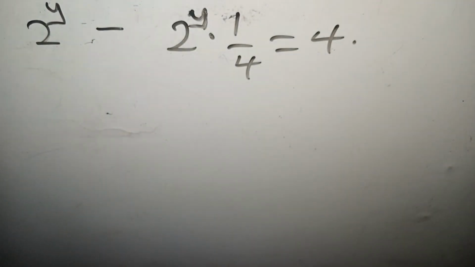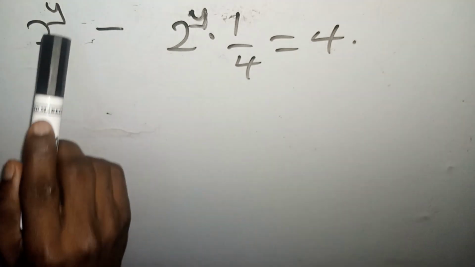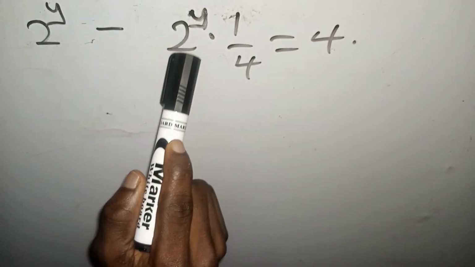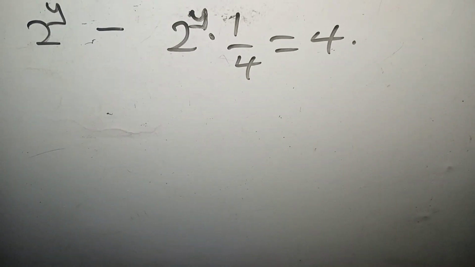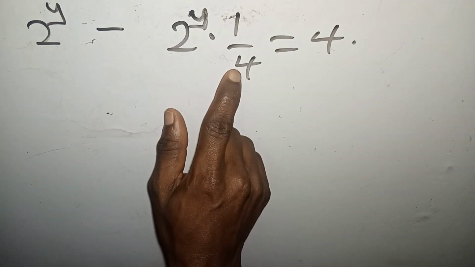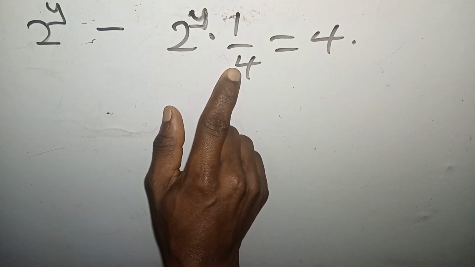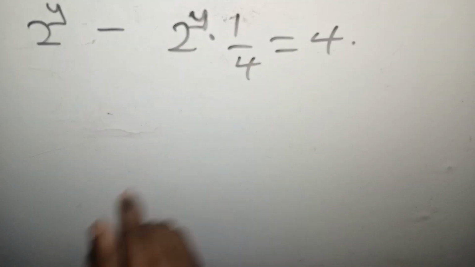Okay, since this is our new equation, which says 2 to the power of y minus 2 to the power of y times 1 over 4 is equal to 4, the next thing we are going to do is look at how we can remove this denominator here. So what are we simply going to do? We are going to multiply both sides by 4.